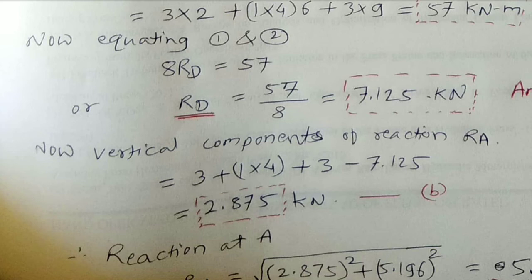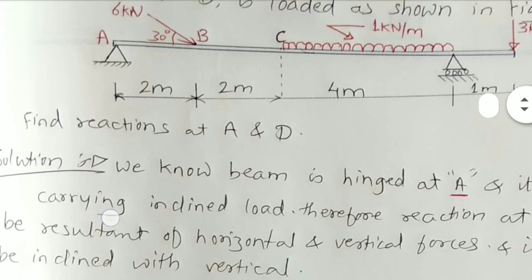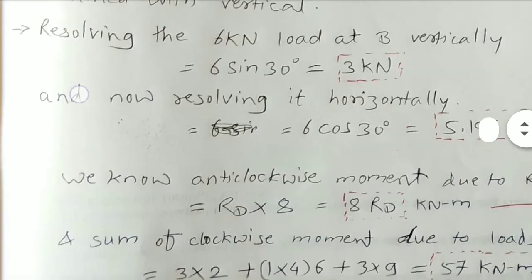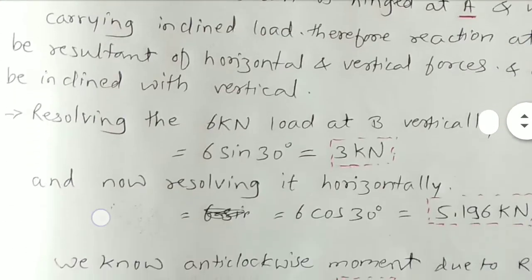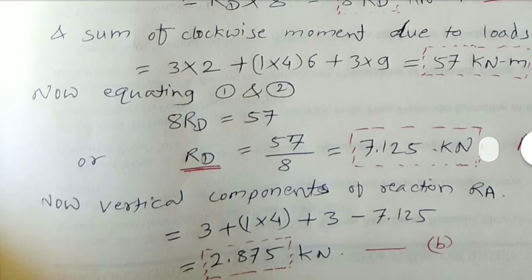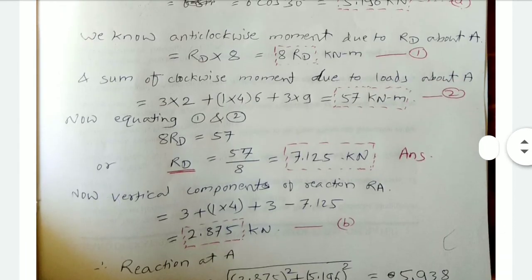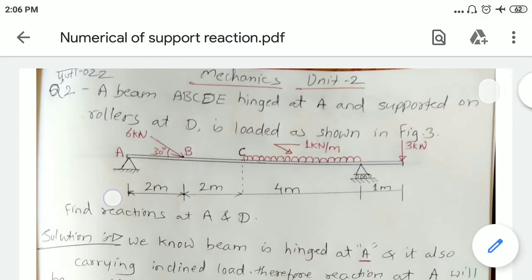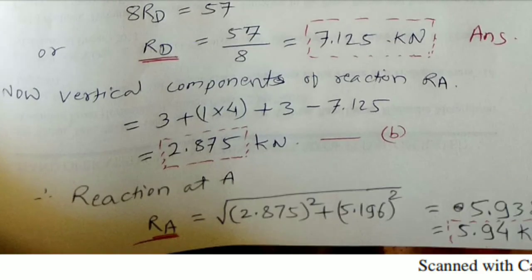For this we have to take all the vertical forces. So 3 is the first, that is 6 sin 30, the vertical resolution of the 6 kilonewton at point B, plus 1 into 4 for the UDL, and the last one is plus 3, which is the load at point E, minus 7.125, the vertical reaction at D. It is considered minus because it acts opposite to the loads.